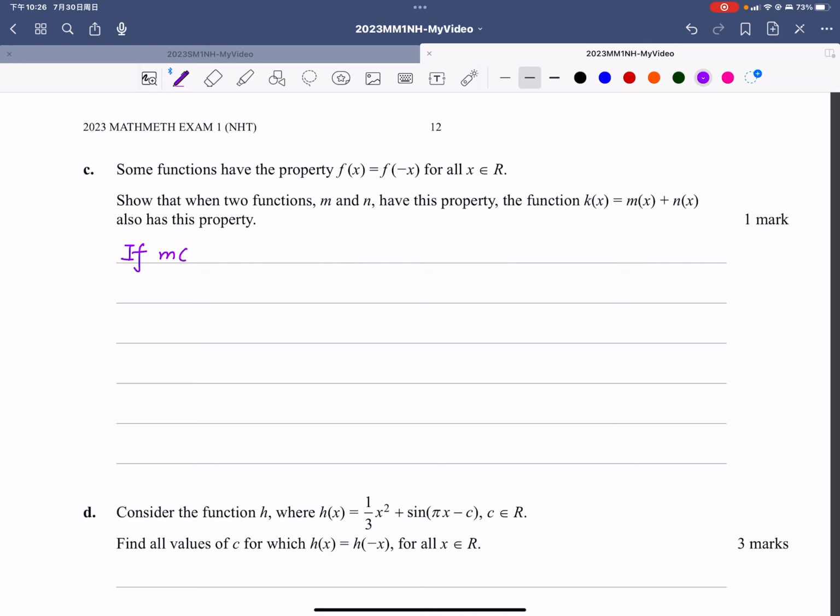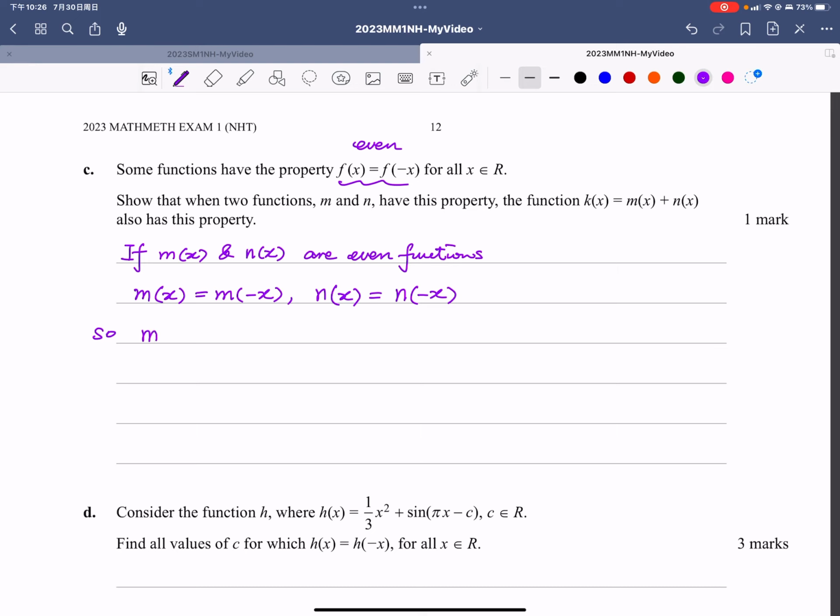If m of x and n of x are even functions, then m of x equals m of minus x, and n of x equals n of minus x. So m of x plus n of x equals m of minus x plus n of minus x.